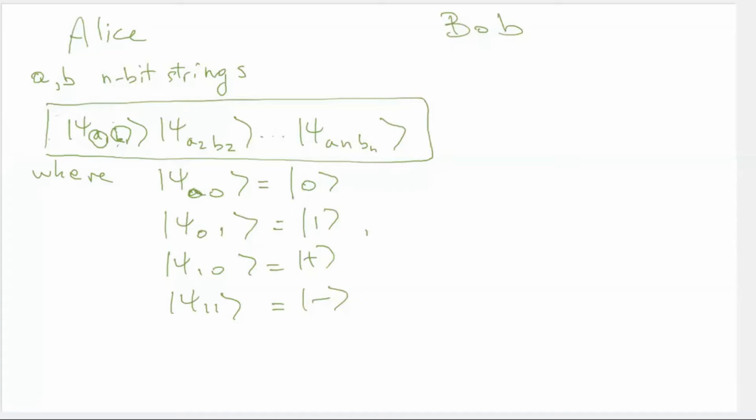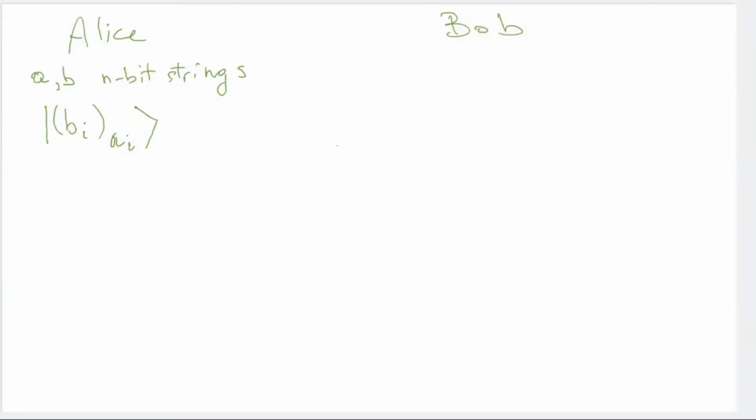You create these n qubits, for i equals 1 through n, and send all of them to Bob.